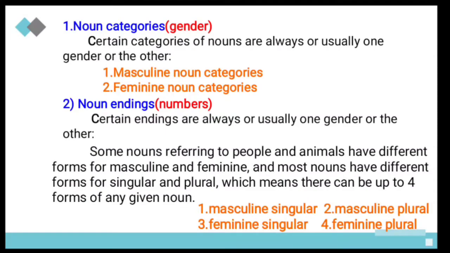Let us see: masculine singular, masculine plural, feminine singular, and feminine plural.